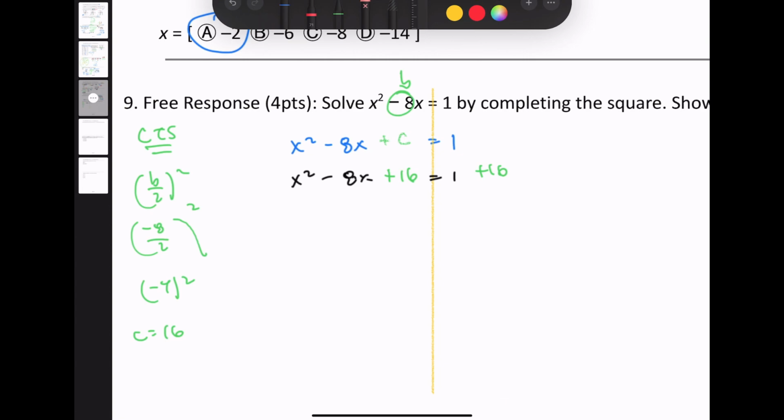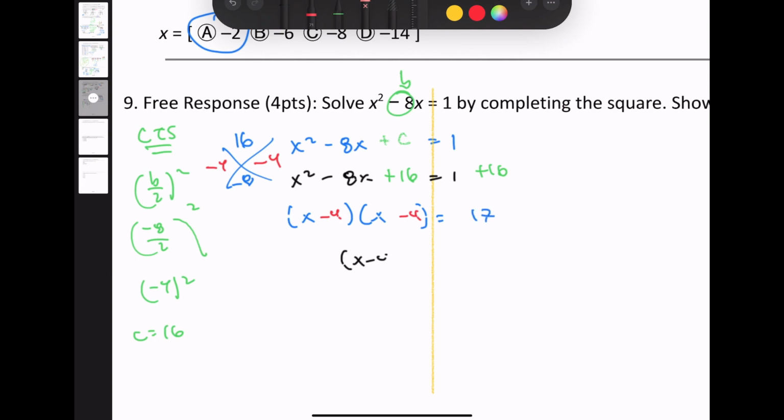And I can just factor that. A times c now is 16. My b value is negative 8. Those two numbers are negative 4. So negative 4, negative 4. And then I can just solve by the square root property.